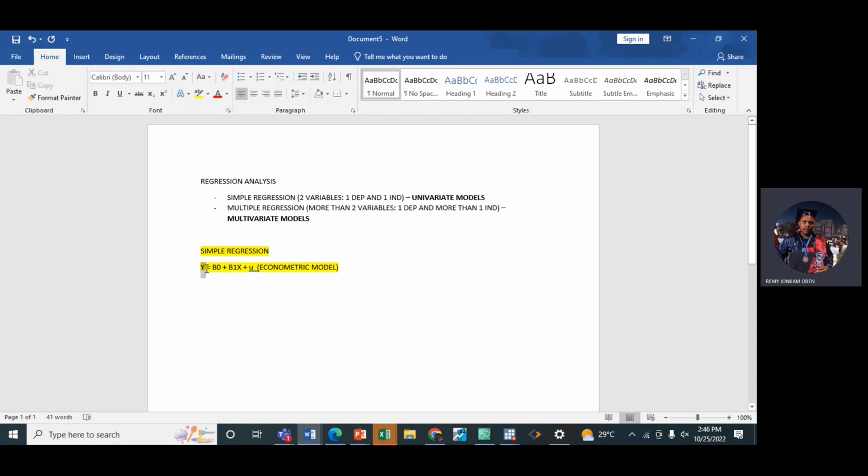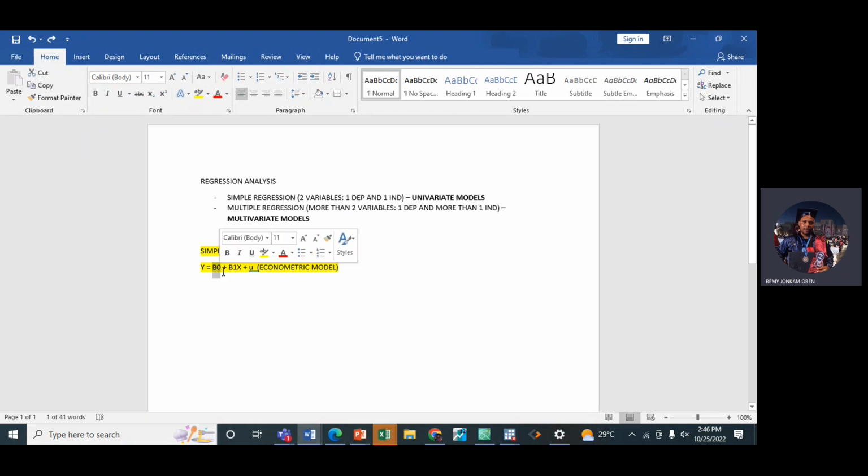Y is a variable, which is the data we download from World Bank, Yahoo Finance, any database. X is the variable, that is the data we download. So we know y and we know x. Error term is there. I told you what error term means. It accounts for all those other factors which can affect y, but which we don't want to include in the model.